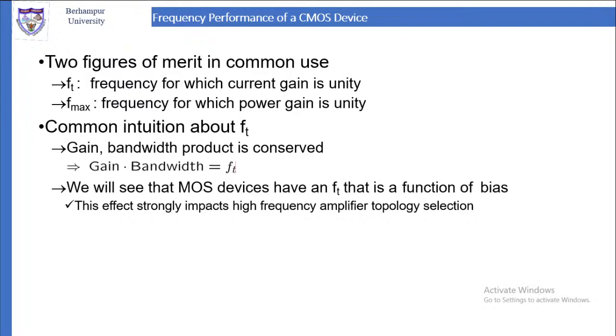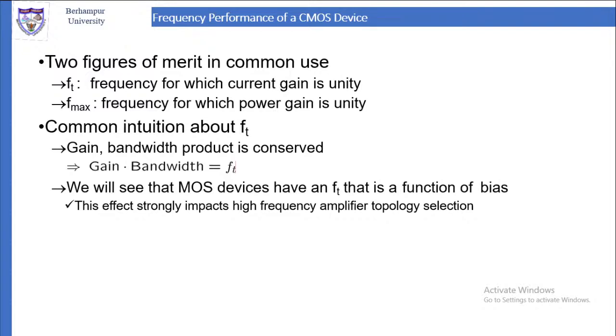Now, some common intuition about FT, the frequency for which current gain is unity. First, for an amplifier, the product of gain and bandwidth is constant, so the gain bandwidth product must be conserved. What does that mean?